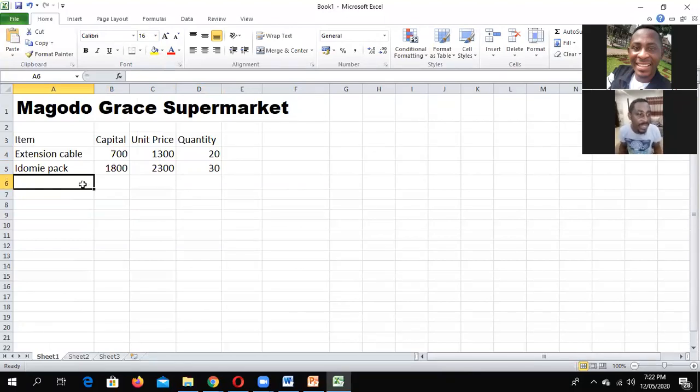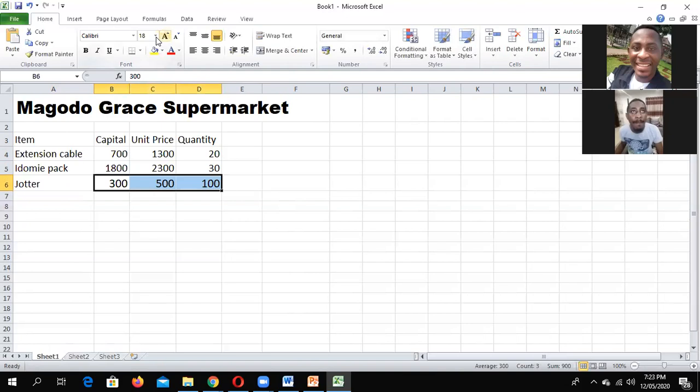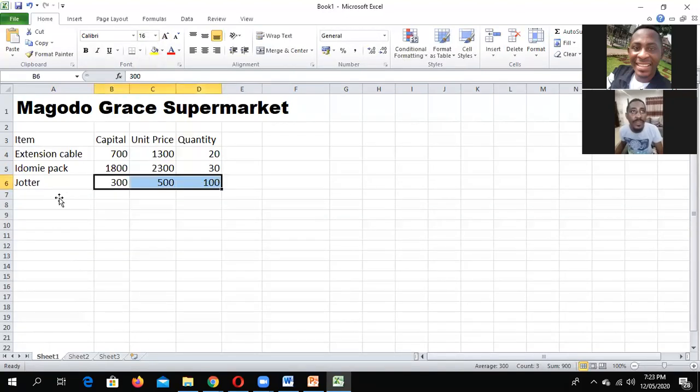Indomie pack. So the next thing is, say they sell Jota. Here they are selling for 500, and then they have 100 in store. I'm going to go ahead to increase this again to 16.